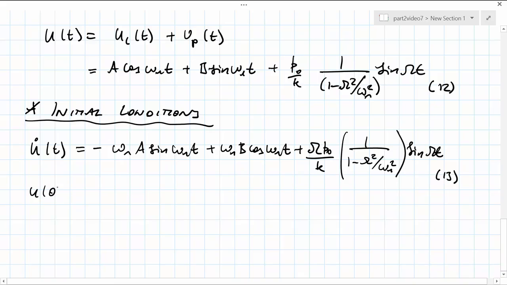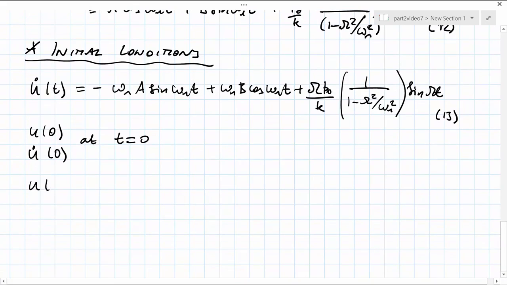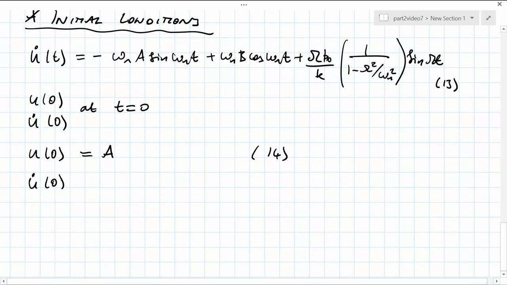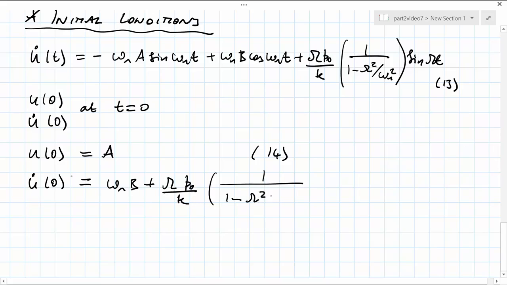Applying the initial conditions, u0 and u̇0 at time equal to 0, we can firstly say that u0 is equal to A, and secondly u̇0 is equal to omega n times B plus capital omega times P0 over k times 1 over 1 minus capital omega squared over omega n squared.